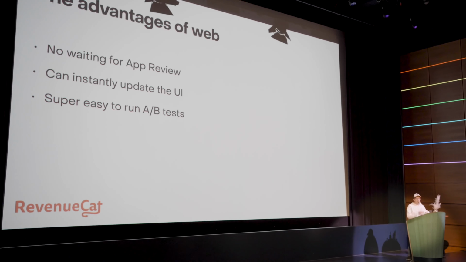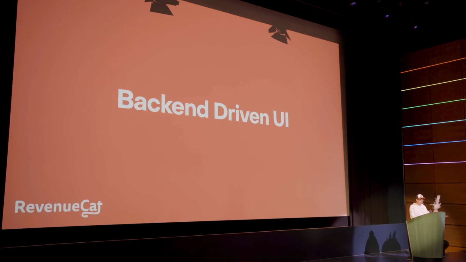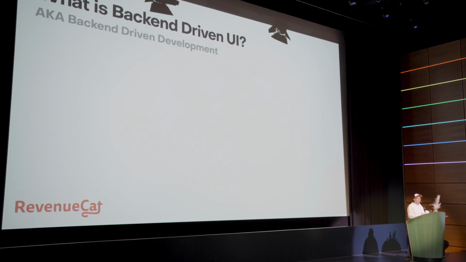And from a product perspective, this can be a really big deal. If you're trying to drive users to take certain behaviors, foreshadowing, if you do paywalls, this is very important because there's a specific user behavior that directly attributes to the money that your company makes. So this is where something that I call backend-driven UI, you'll frequently hear it called backend-driven development, kind of comes into play.